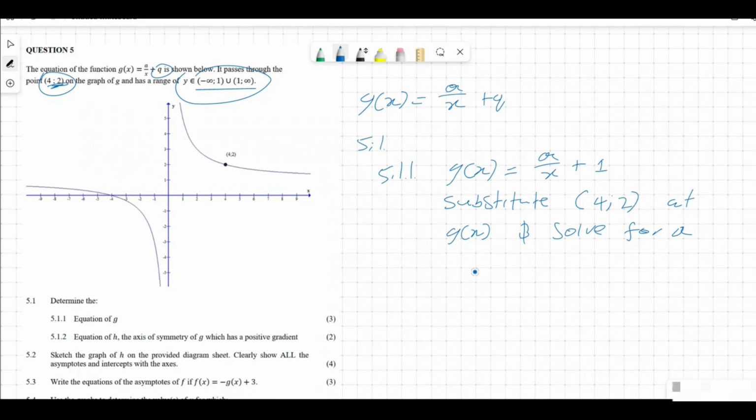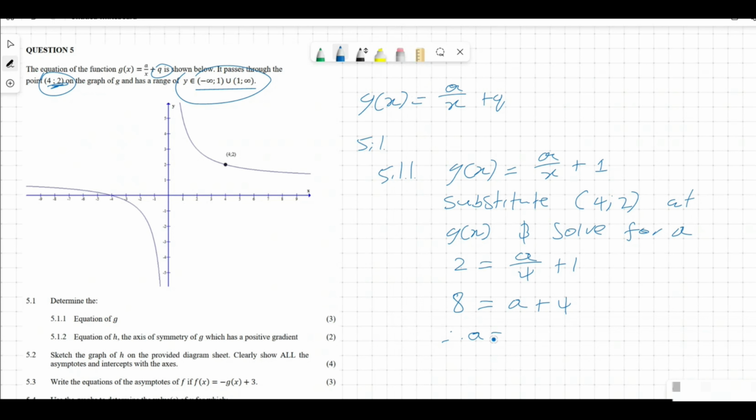So let's substitute: 2 equals a over 4 plus 1. Then let's start solving for a. We can do our magic again, multiplying everything by 4. You remember that? Or transposing. If you multiply everything by 4, 4 times 2 is 8, equals a plus 4 times 1, which is 4.